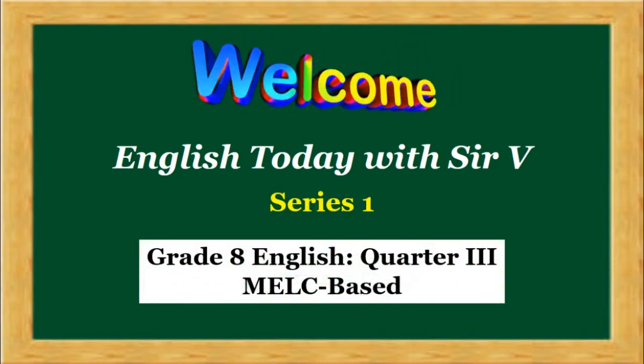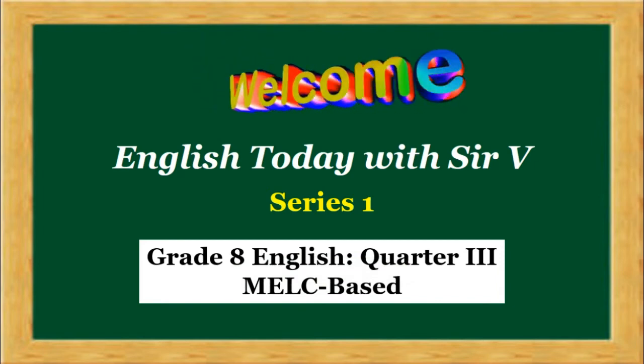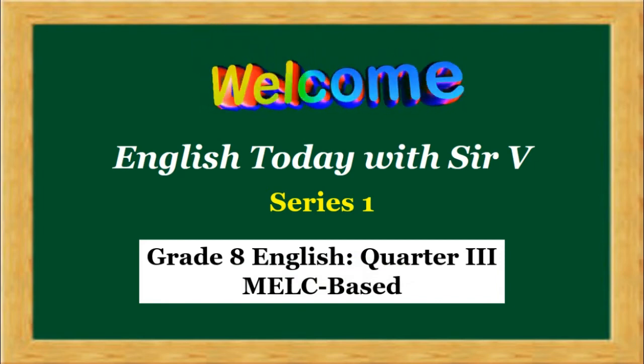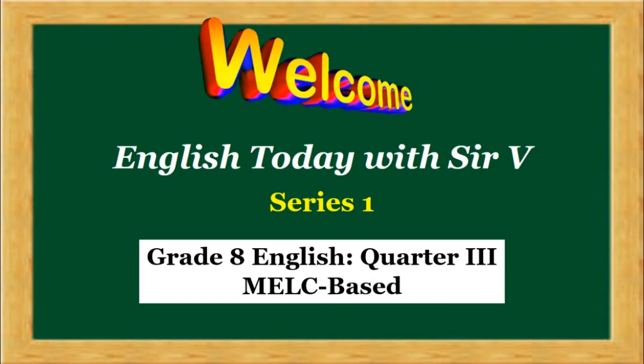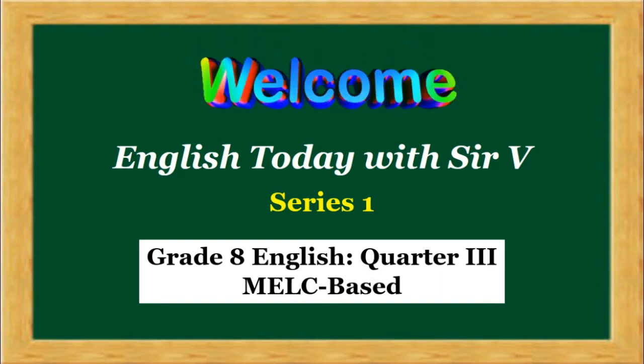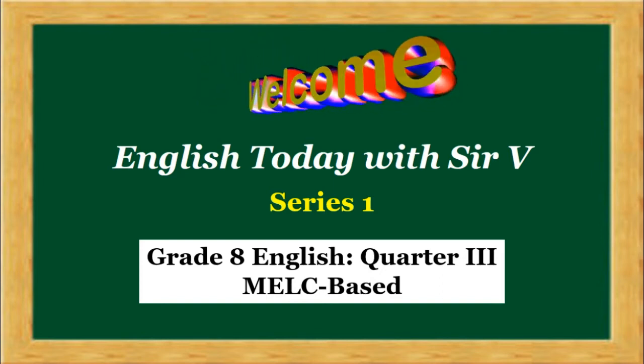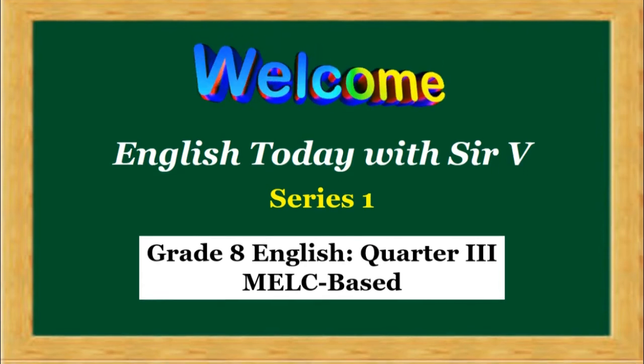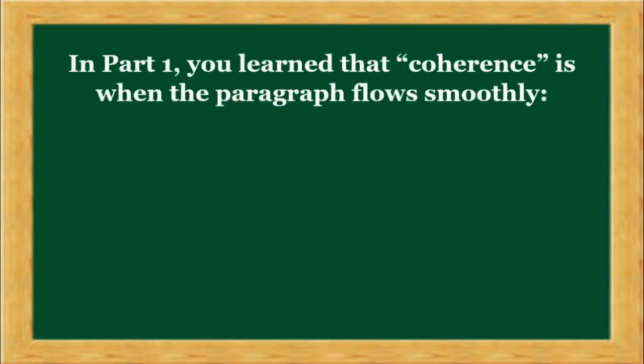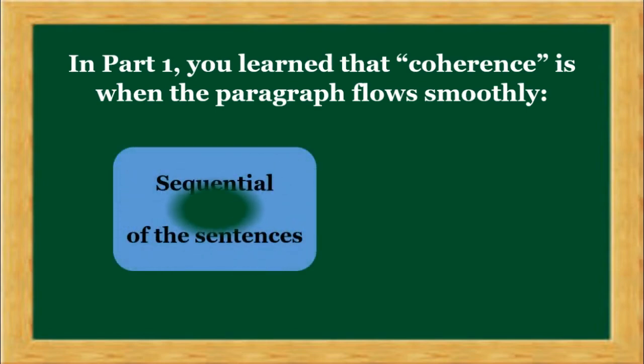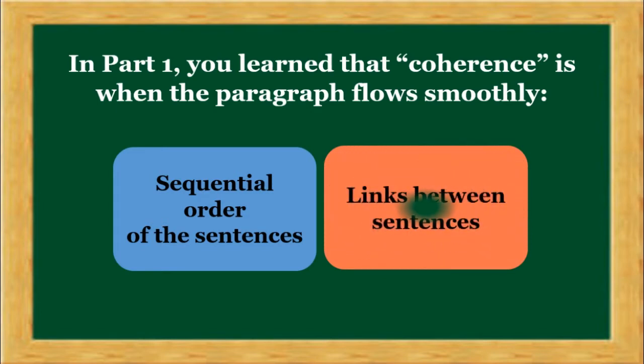Series 1 is a collection of exemplar lessons based on the most essential learning competencies in Grade 8 English, Quarter 3 in particular. In Part 1, it was emphasized that coherence is when a paragraph flows smoothly due to the logical order of the sentences and links between sentences.